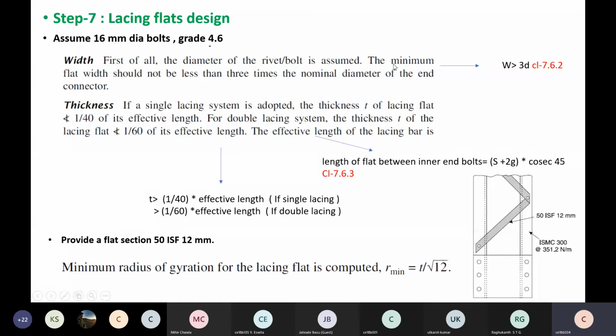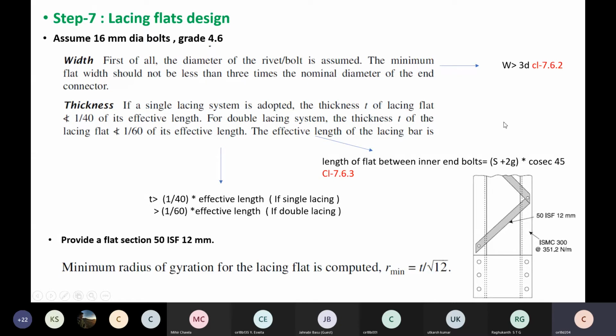So the width should be greater than 3 times the nominal diameter. Since it is 16 mm, the width should be greater than 48 mm. So we assume that width is 50 mm.